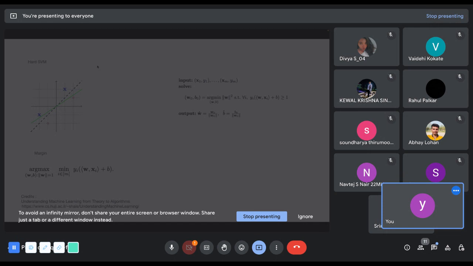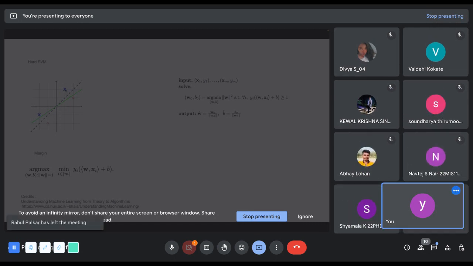Now this is the concept of margin. That is nothing but the distance between your separating hyperplane and the closest point of your training data. So in this case, this can be the margin.